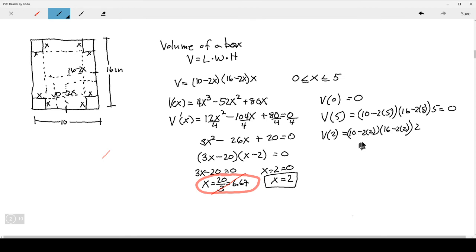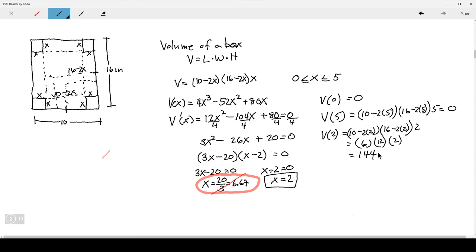So that's 6, that's 12, and that's 2. If I multiply that out, I get 144.